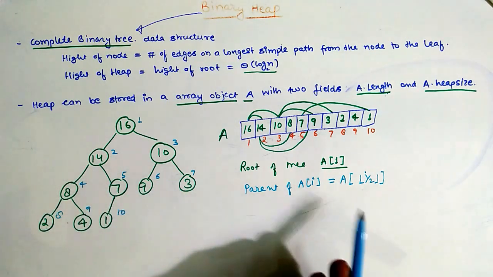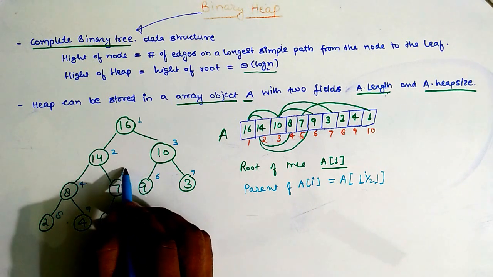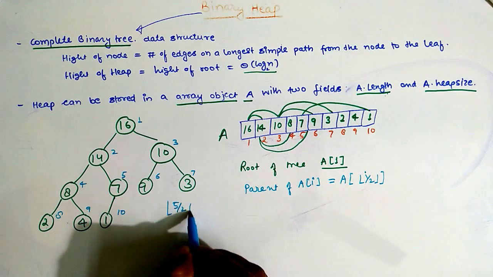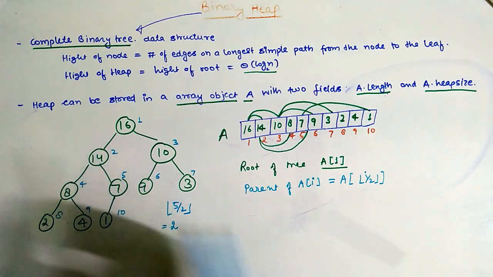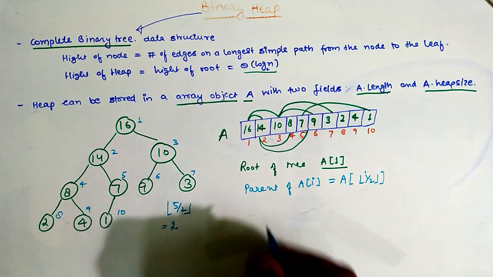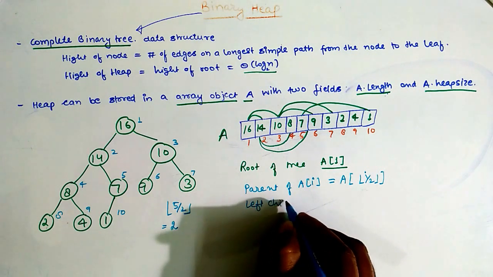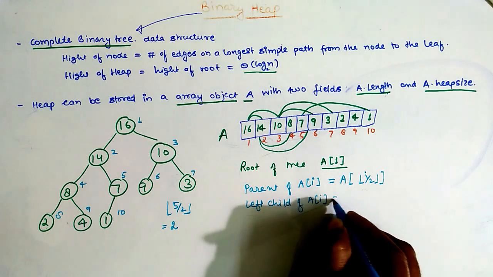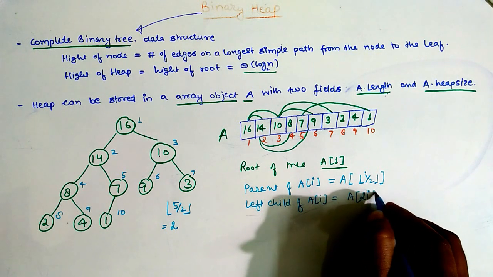Now suppose I want to find the parent of the node at index 5. The parent would be at index floor of 5 by 2, which is 2. So the parent is here. Yes, it is satisfied. Next, if you want to find the left child of the element at index i, you can find it at 2i.